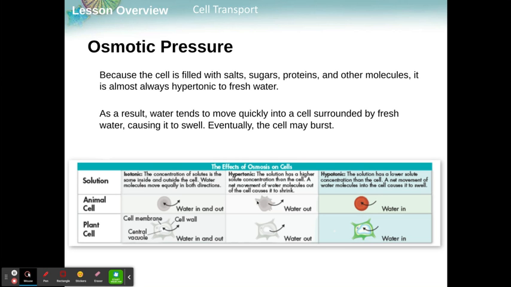Now, if we have water leaving the cell quicker than it is moving back in, we say that the solution is hypertonic. It causes the cell to shrink. We don't want this to happen. This occurs in dehydration. Now, if your cells are in a hypotonic solution, that means that there is more water moving into cells than moving out. Now, when this occurs, it can cause cells to burst, or lyse is the proper term.